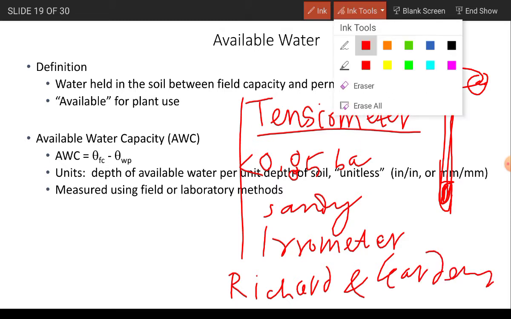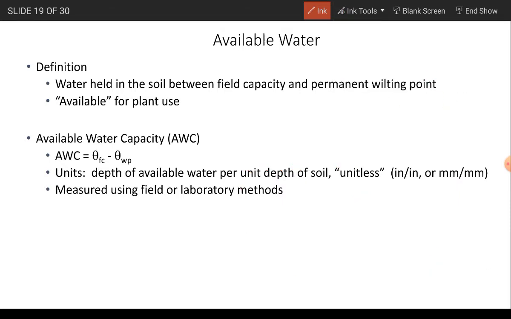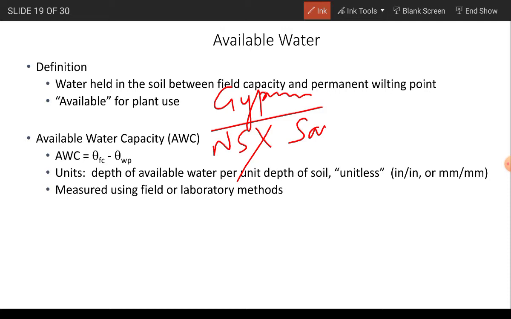The second thing is the gypsum block. The gypsum block is not suitable for sandy soils. The measurable pressure range is minus 1 to minus 15 bars. Within this range we can measure.